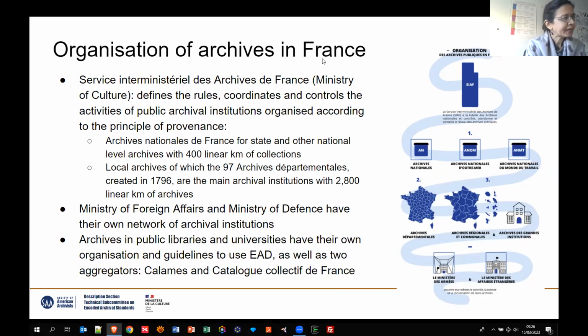Besides the other archives, EAD is also used in other public and university libraries that have archives, but this network has its own guidelines and uses vocabularies from the National Library of France or the University Libraries Network. Their practices could have been the object of another talk.